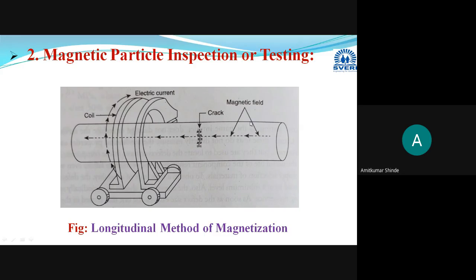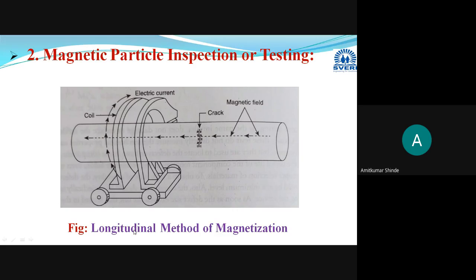First magnetization is done, then ferromagnetic powder is applied on the surface either by the dry method or the wet method. At the location where a crack is present, that ferromagnetic powder will get concentrated, and depending on that we can decide the location of the defect.